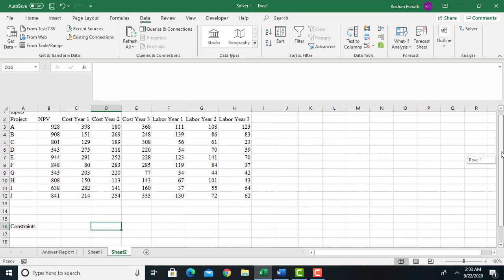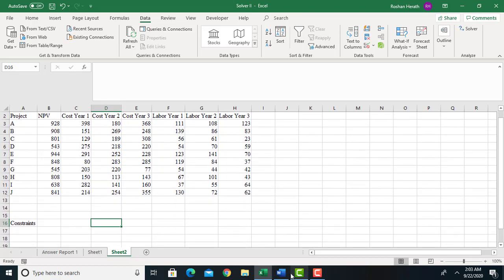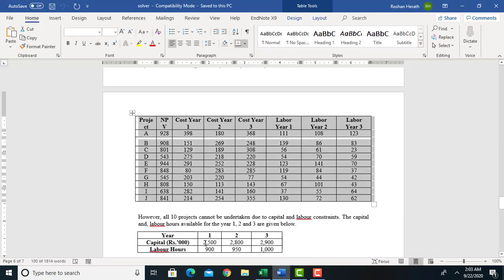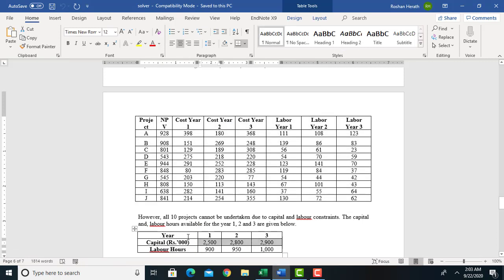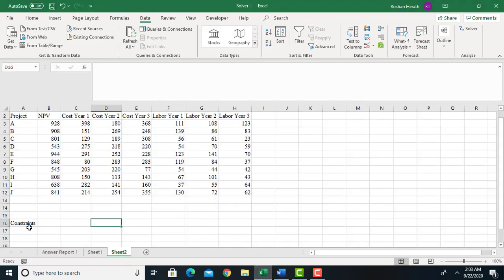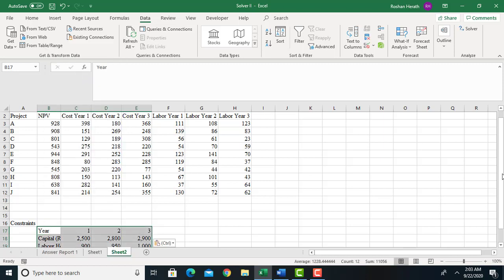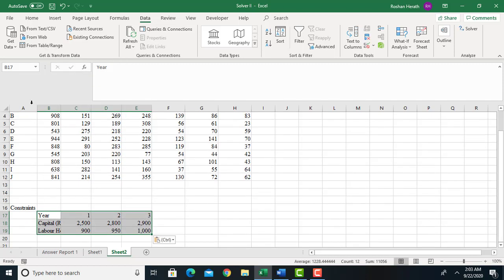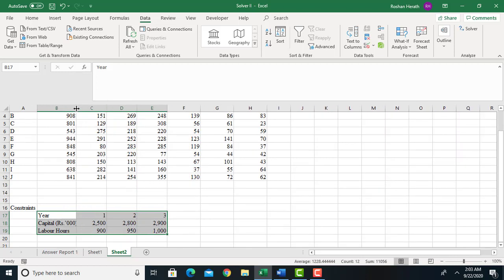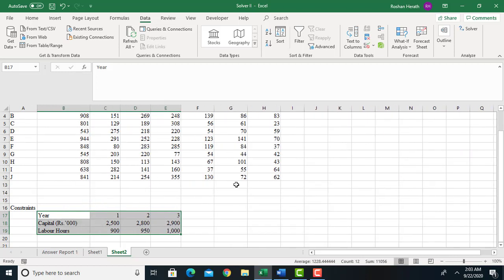We have the cost constraint as well as the labor constraints. So now I have identified the capital constraint and the labor constraint.